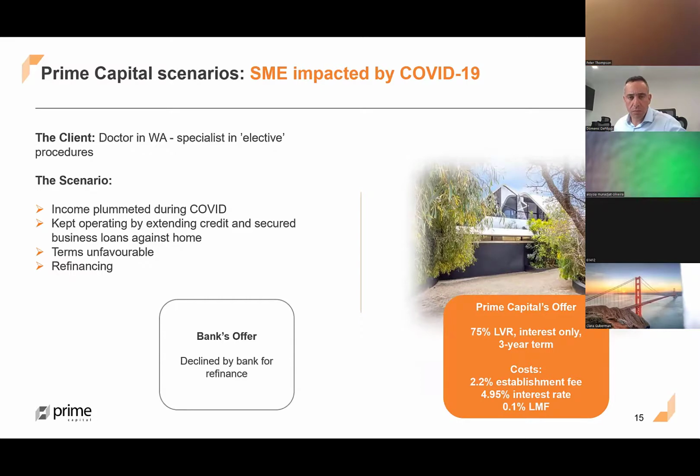By the end of the pandemic, when he could run his operations again, he had racked up over $1 million in credit cards, paying off his wages and so on. In which case we closed off his credit cards, we gave him over $1 million cash out, and we refinanced his house using the equity there. So now he's a happy gentleman, back up and running on his operations.